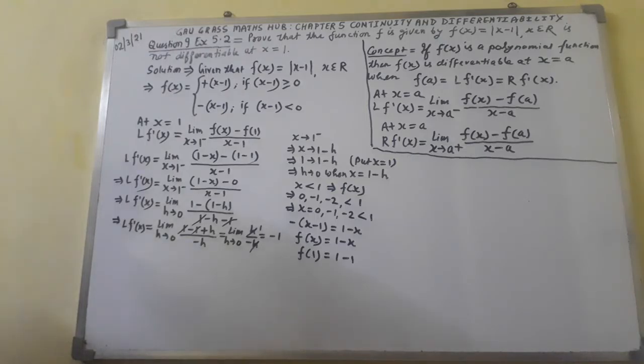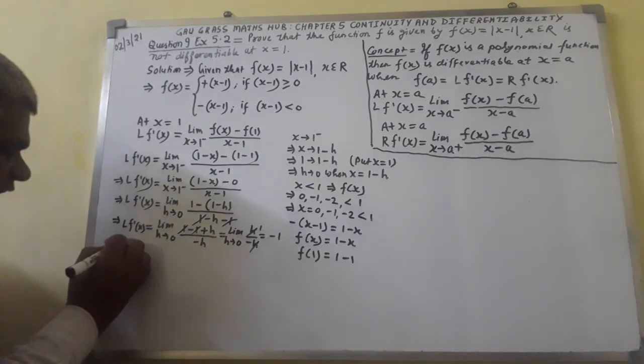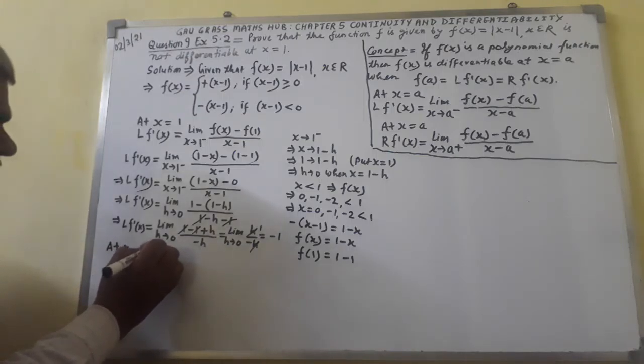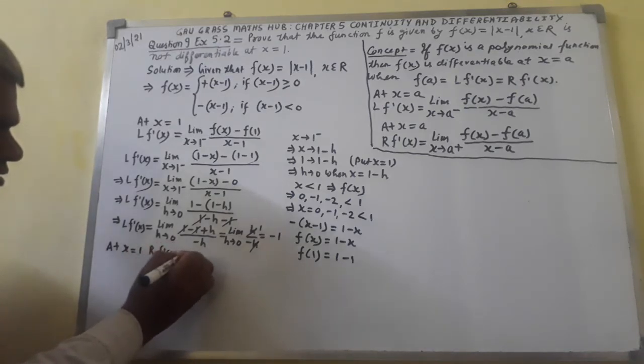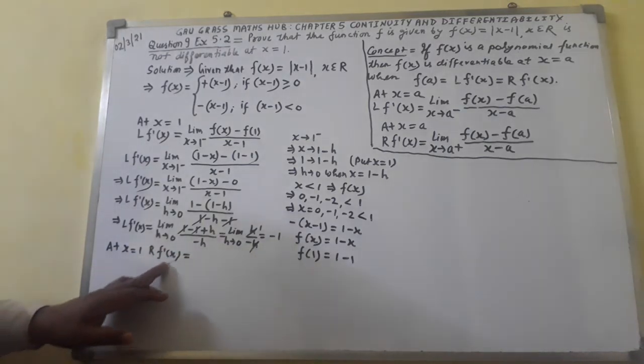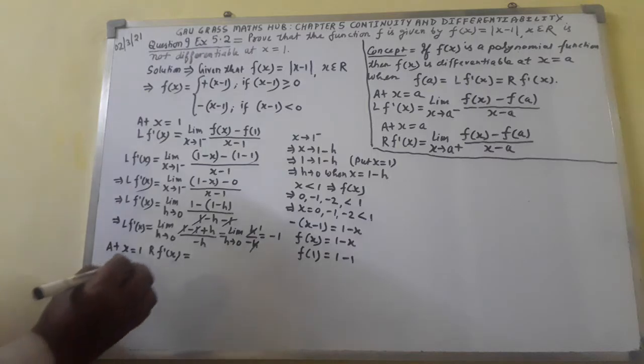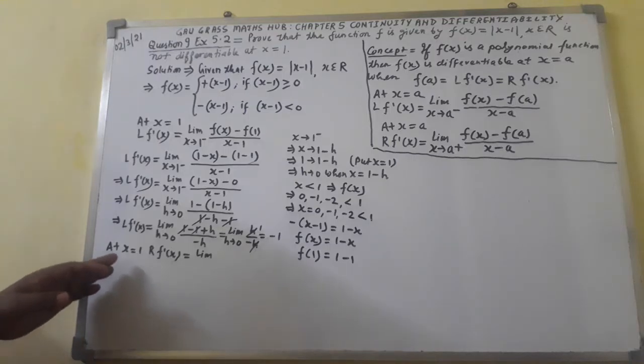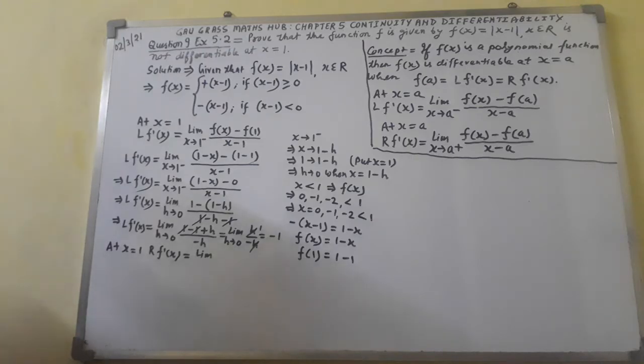This is the case. Now I shall take the right hand limit at x equal to 1. So here I shall write at x equal to 1, right hand derivative of f of x equal to limit x tends to 1 plus.